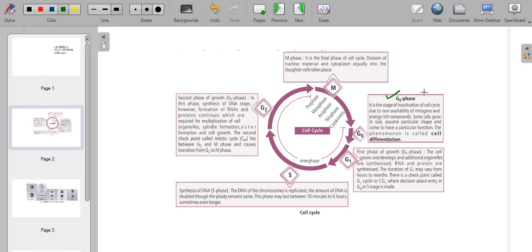After that you can see the G1 phase, or the gap 1 phase. This is the first phase of growth, where it develops all its organelles and gets ready for the synthesis of DNA. That's why this is called the pre-DNA, pre-S phase.